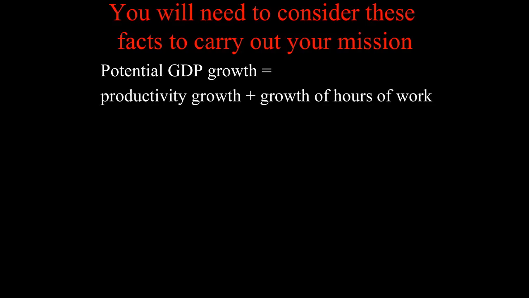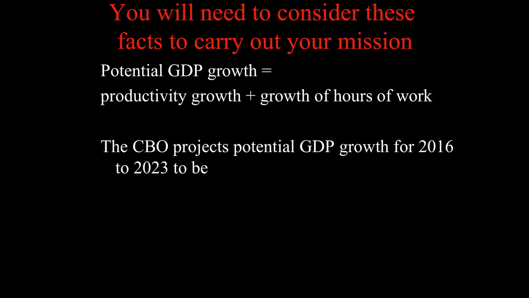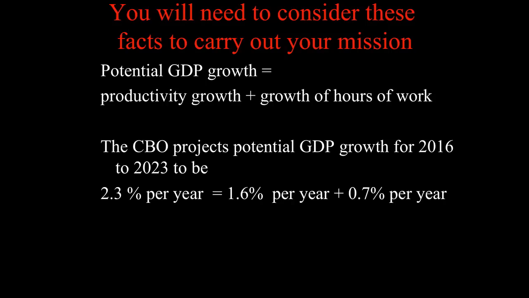You also need to consider some facts to carry out your mission. One fact is that potential GDP growth is equal to the sum of productivity growth plus the growth of hours of work. You've got to take this fact into account when you go about your mission. The CBO projects potential GDP growth for the years from 2016 to 2023 to be 2.3% per year. You could see that in the previous graph.